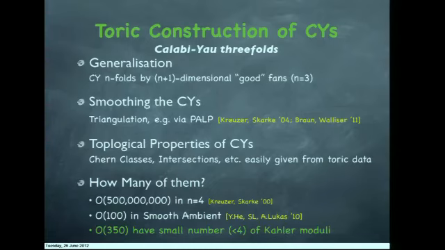As for some other natural subclass, one can think of Calabi-Yau three-folds with a small number of Kähler moduli, so either 1, 2, or 3 Kähler moduli, for which there are about 350 Calabi-Yau three-folds. And this will be the class of Calabi-Yau three-folds we'll be considering here.